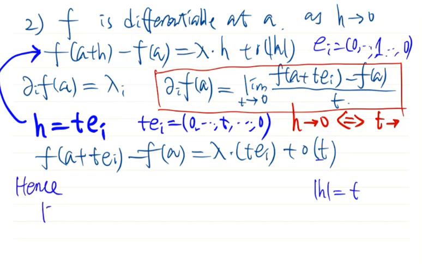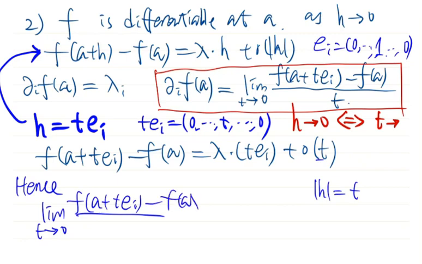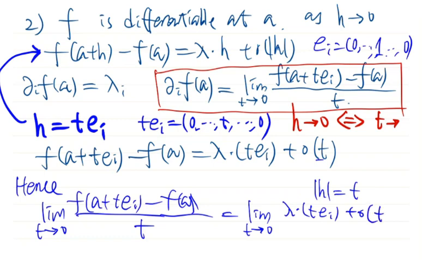The limit as t goes to 0 of f(a+tei) minus f(a) divided by t is the inner product of lambda and tei plus the higher order term, divided by t.